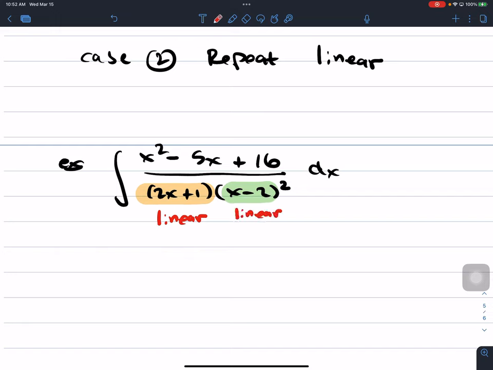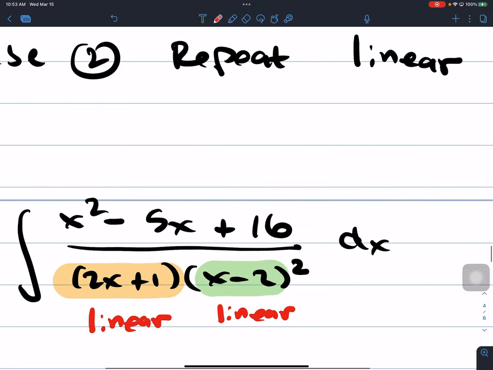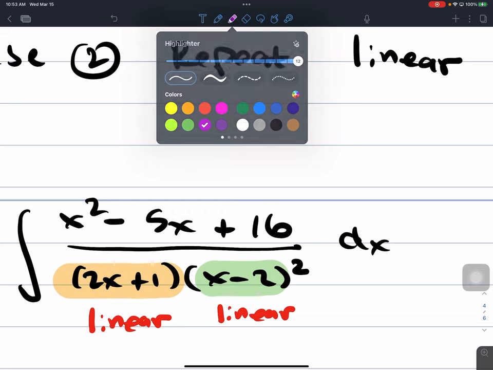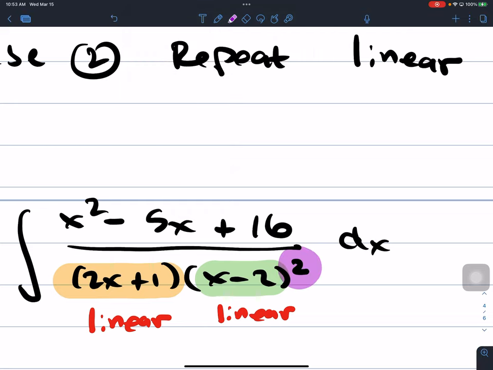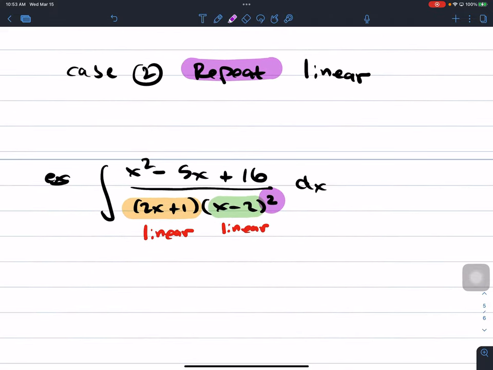You guys with me on that? But why do you think they call it a repeat linear? This is repeat because the linear factor you have gets repeated twice. The power is 2.